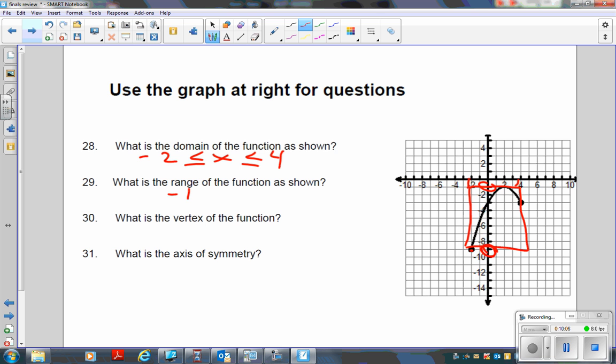Looks like -1 to -9. Again, the vertex is the uppermost or the lowermost dot. In this case, it's right there, and that's (2, -1). And the axis of symmetry, again, that's an x. It's the x value of the vertex. X equals 2.